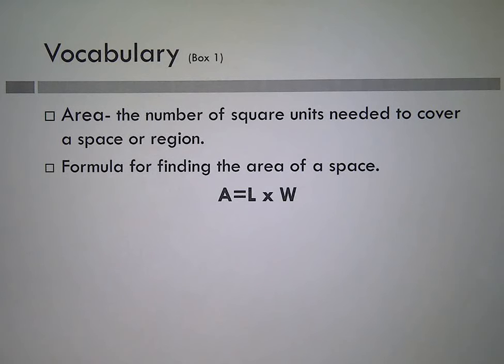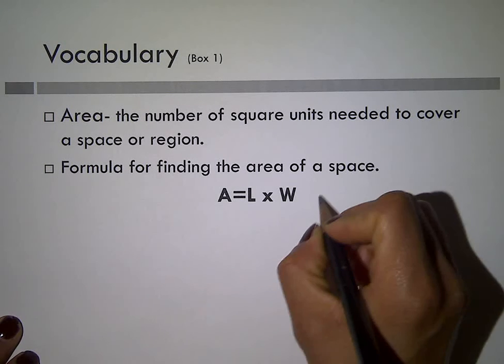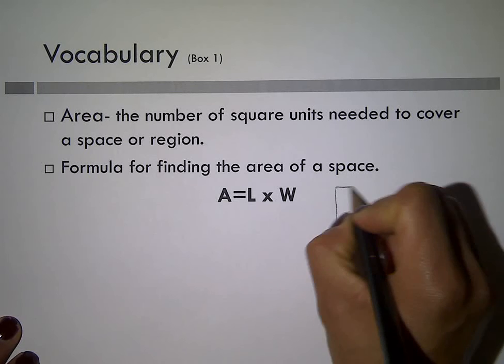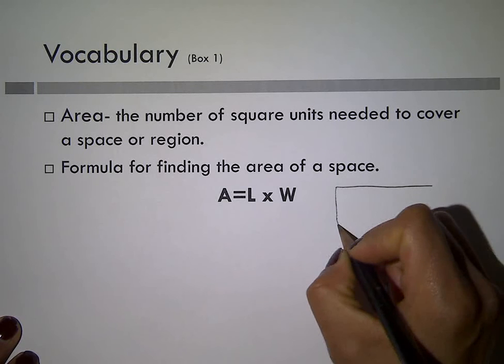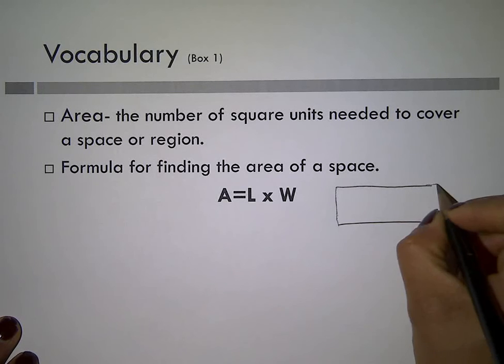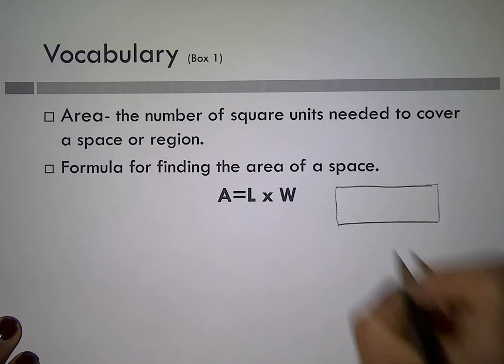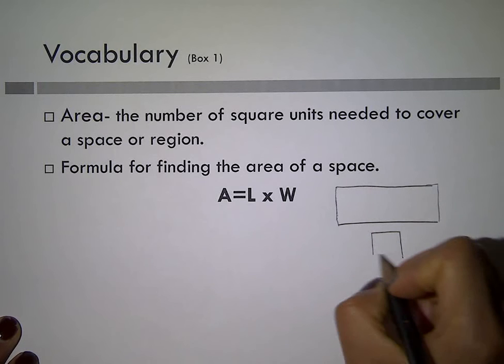Now let's review. The area means the number of square units needed to cover a space or region. The formula for finding the area of a space is A equals length times width. We use this formula when we have regular figures such as rectangles and squares.